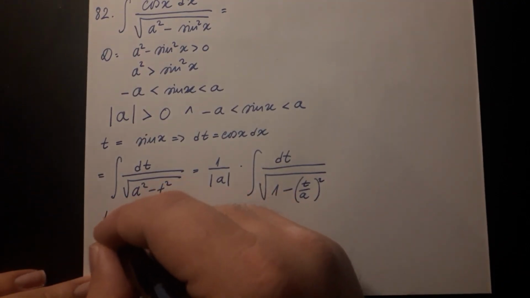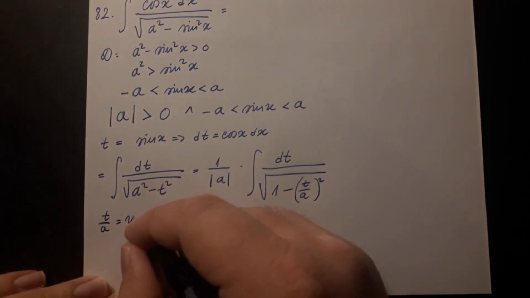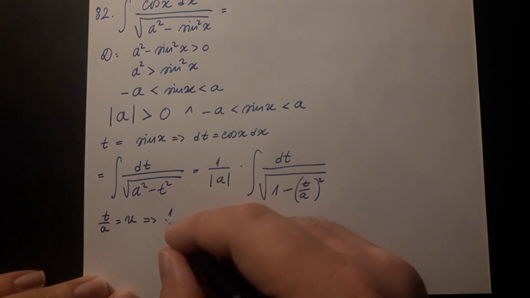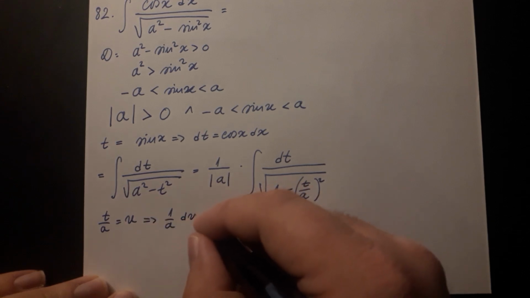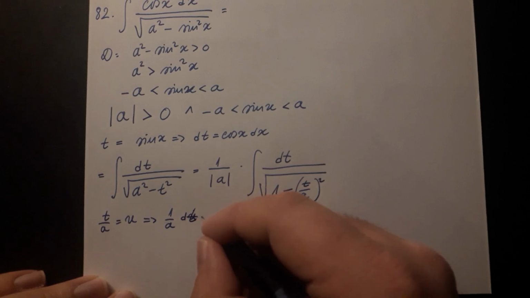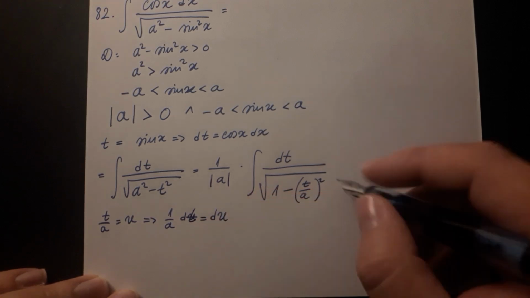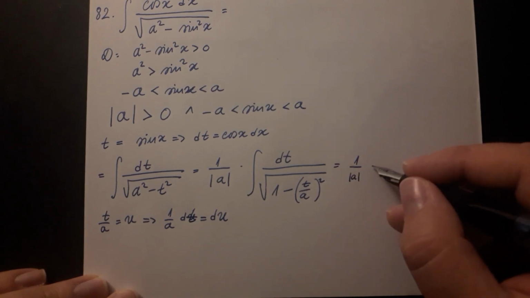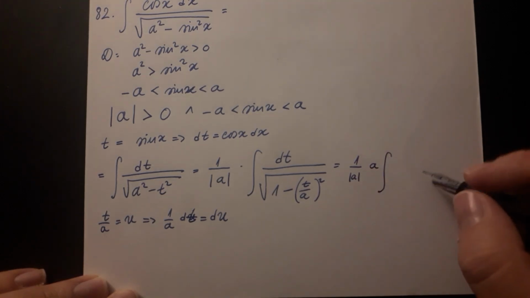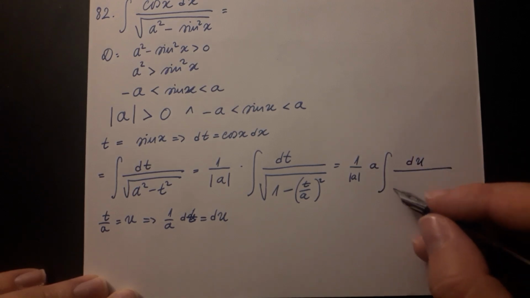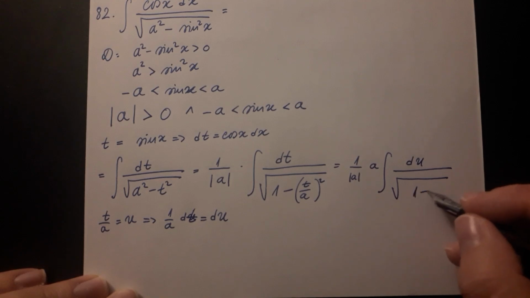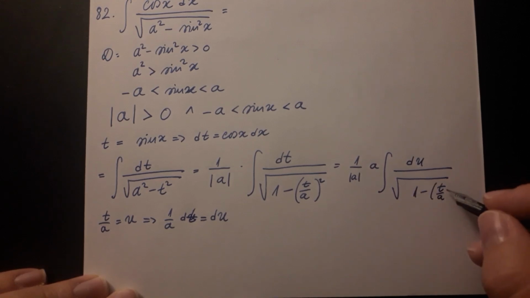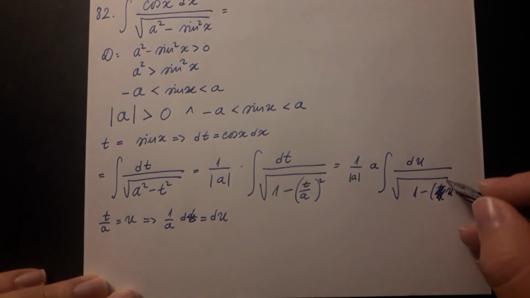Using the substitution that t over a is equal to u, we get that 1 over a dt has to be equal to du. Well, then this integral transforms into 1 over the absolute value of a times a integral du over a square root of 1 minus t over a, that is u squared.